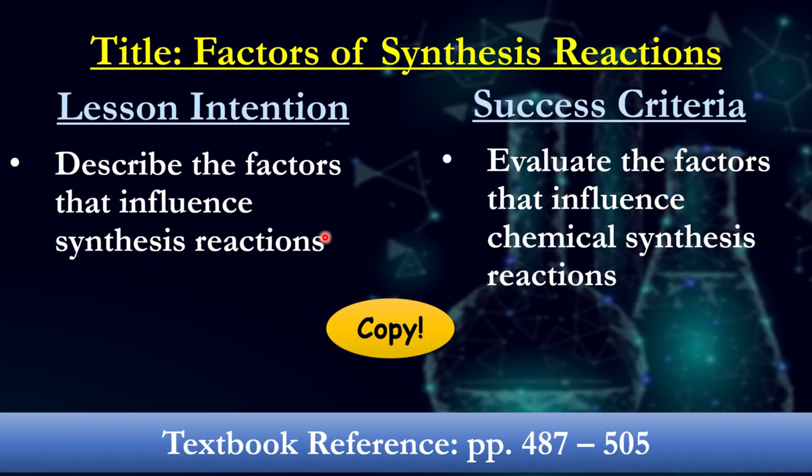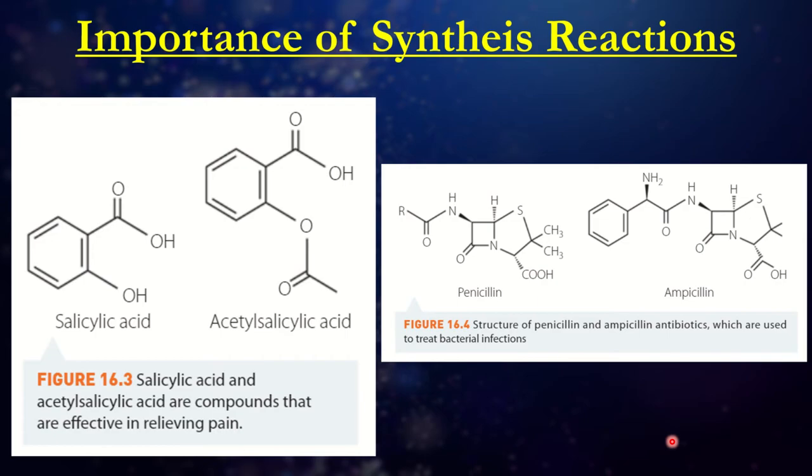Obviously, we need to talk about what synthetic reactions are, and then we're going to evaluate some factors that will influence them. Your textbook references are these pages here, so feel free to have a read as additional components. So let's look at some really important synthesis reactions, look at particular chemicals.